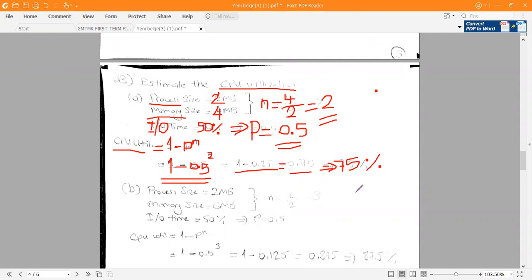Okay, 5 multiplied by 5 is 25. We have decimal points, so we are multiplying 0.5.